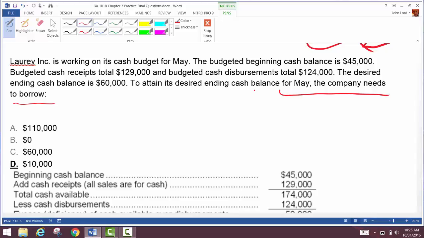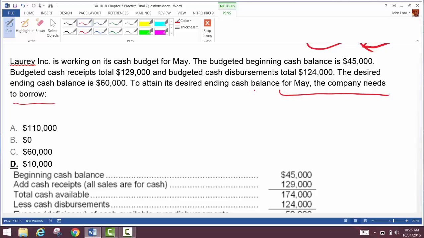Now, when we do our sales budget, that jumps us to our cash receipts, and then we look at our labor disbursements, our material disbursements, our overhead disbursements for manufacturing, and then we look at our selling and administrative, which I think you notice the calculations for selling and administrative and the overhead are a very similar sort of algorithm. Okay, and so once we have our receipts and our disbursements, now we can figure out if we're going to have any borrowing needs, right?